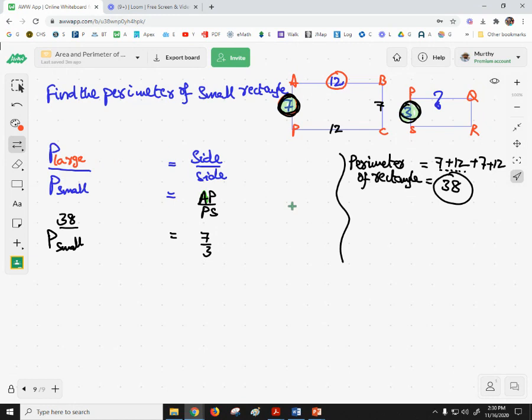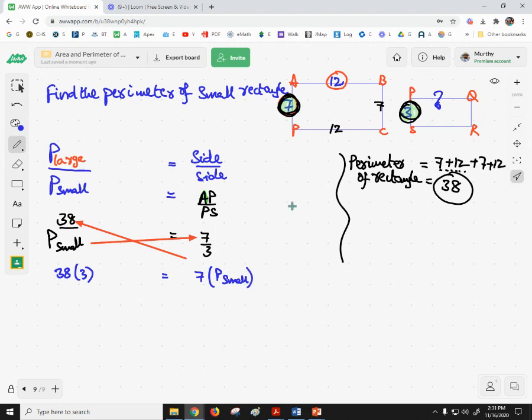Now, I want all of you to grab your calculator and check what is the value of the perimeter of the small rectangle. You may compute. If you want, I'm giving you some hint. 38 times 3 equals 7 times the perimeter of the small rectangle.